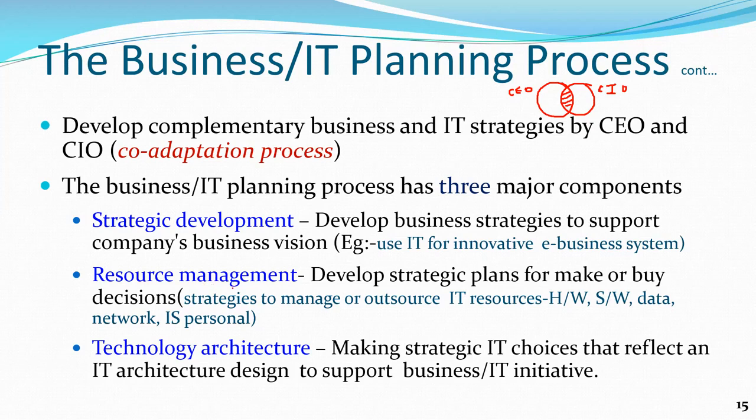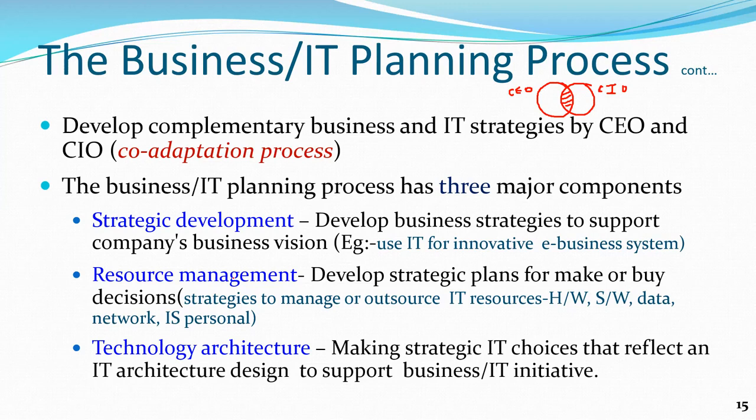The second is resource management: develop strategic plans for making or buying decisions. That's a very crucial thing, because maintaining an IT division is very costly. Sometimes you might go for making your own IT applications, with in-house development teams, or you might outsource, or buy off the shelf while keeping several people in the IT division.